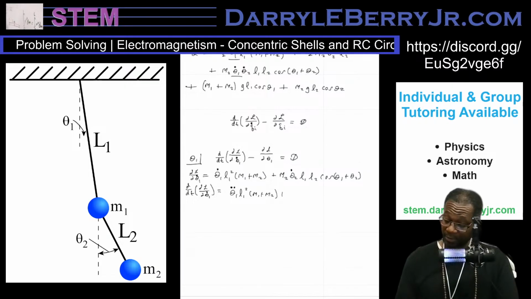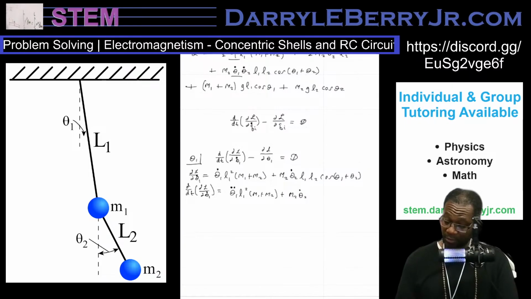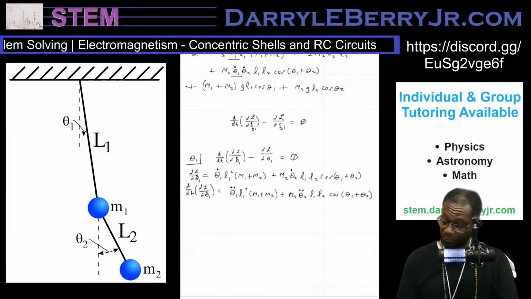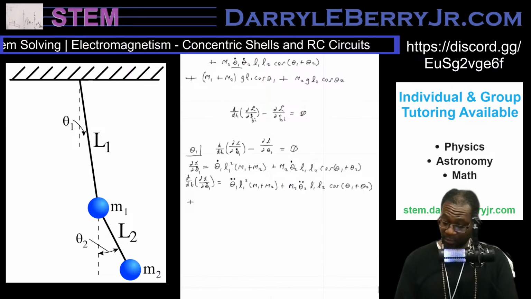Then we have plus m2 theta 2 double dot L1 L2 cosine (theta 1 plus theta 2). Now it's a derivative on the theta dot.